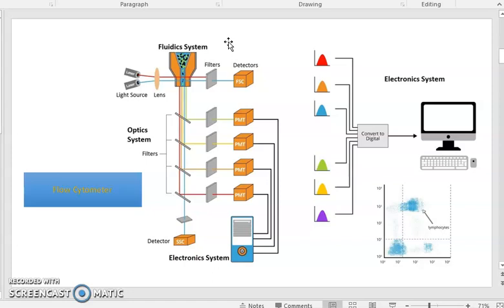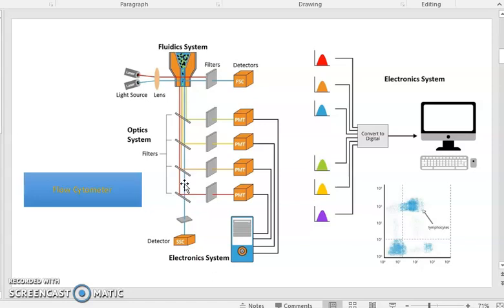The flow cell requires sheath fluid to carry and align the cells or particles so that they pass through a narrow channel into the laser beam in a single file. This hydrodynamic focusing allows the analysis of one cell at a time by laser interrogation.